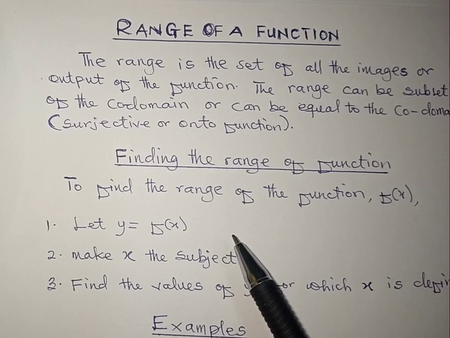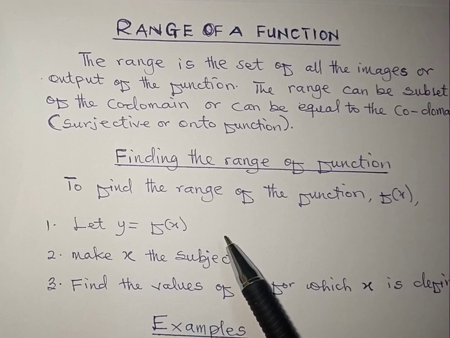There are times that you may have a codomain where all of its elements have corresponding elements of the domain. There are times too that you may have some elements of the codomain which do not have corresponding elements of the domain.